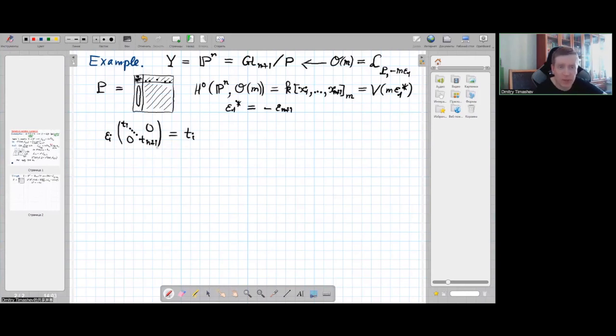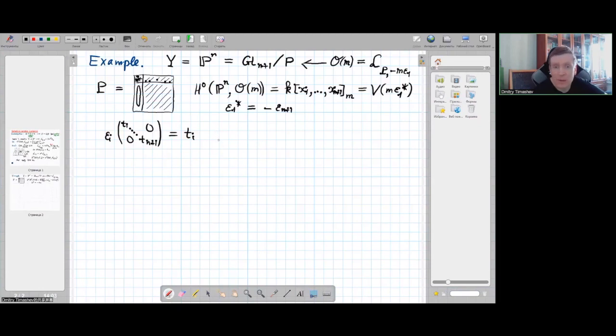Okay, this is a character on the diagonal torus. And so epsilon 1 takes value t_1 on this diagonal matrix. I think that I answered this question, right? Yes. And it seemed to me that there was another question.